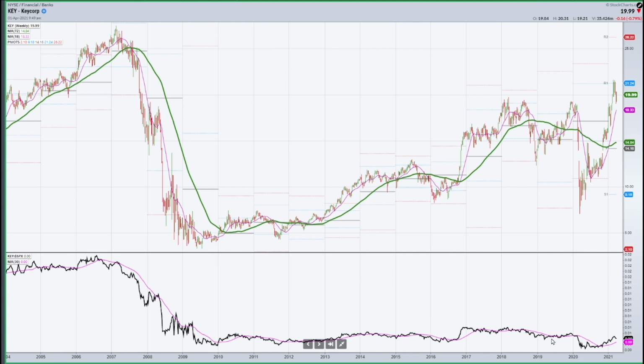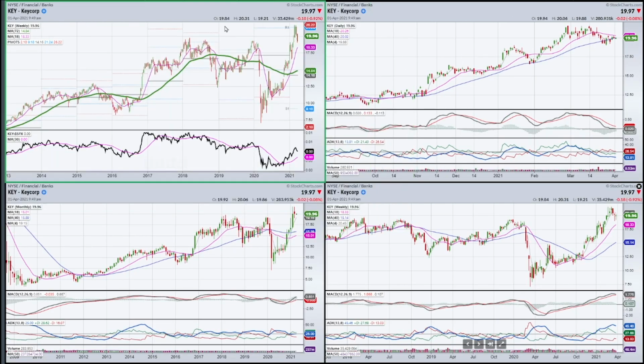And then along the bottom, I've got a relative strength line of the price of the stock relative to the S&P. I like using this as an additional criteria. It gives you a really good perspective. You can see on this Keycorp, which is our first stock for today, that the intermediate term trend is very strong, this purple line basically rising at a pretty strong rate, and then the longer term trend has turned around after a big V bottom.